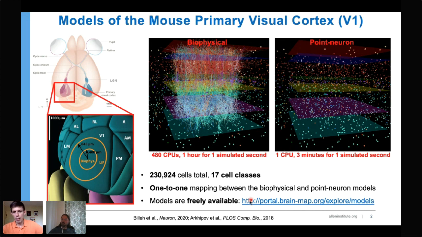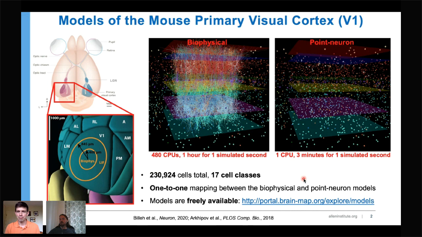There is a one-to-one mapping between these biophysical and point neuron models, in the sense that every single neuron, its coordinates, and its connectivity to all the other neurons are exactly the same between these 2 models. Basically they are copies of each other, with the only difference being the level of resolution used to represent neurons in one and the other case.